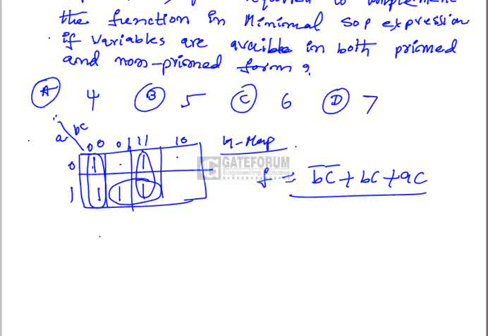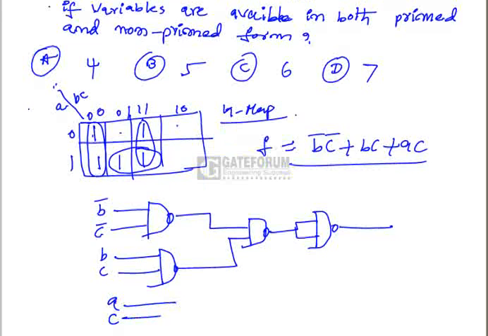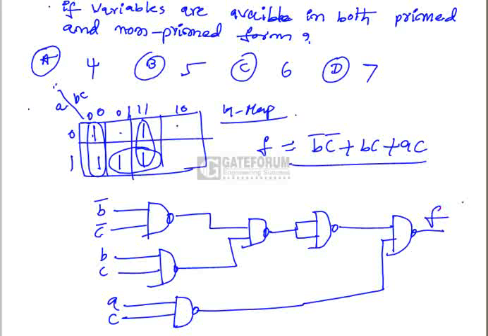That is, first you take B dash C dash into a NAND gate, and again take BC into a NAND gate. So these two again you have to take into NAND. Again you have to take AC also into a NAND gate. So these must be given to another NAND gate. So this will produce this F.